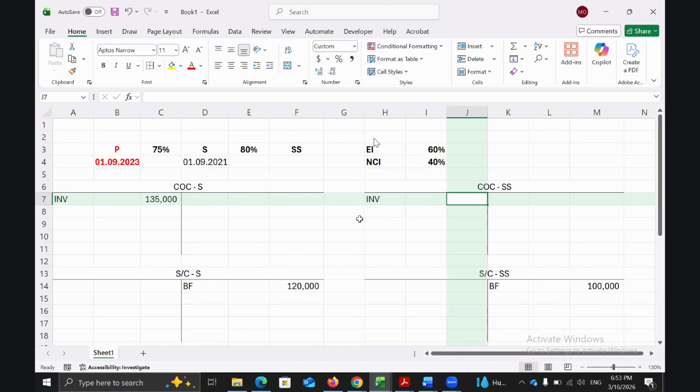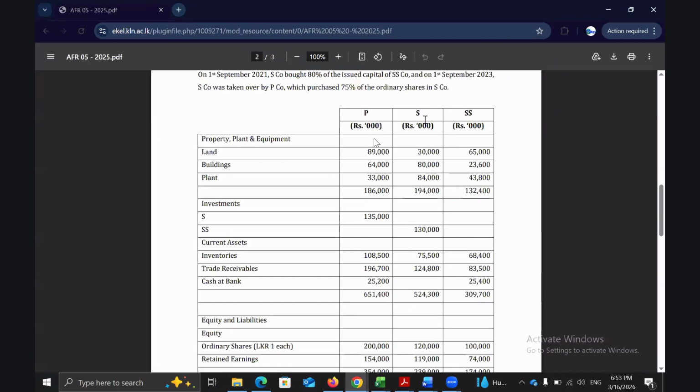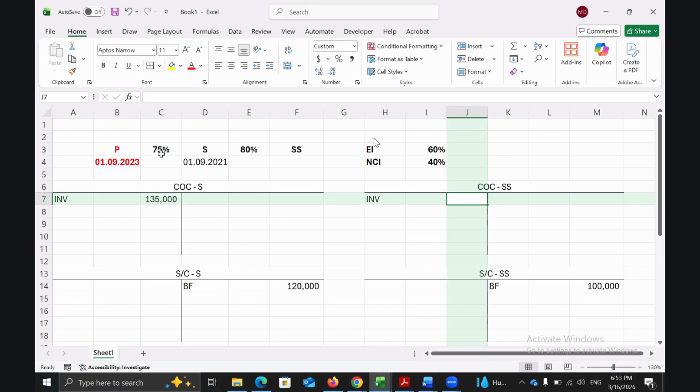Then the second investment is made by entity S. As the investment is made by entity S, the parent owns only 75%. Parent owns only 75%. 130,000 into 75% is 97,500.